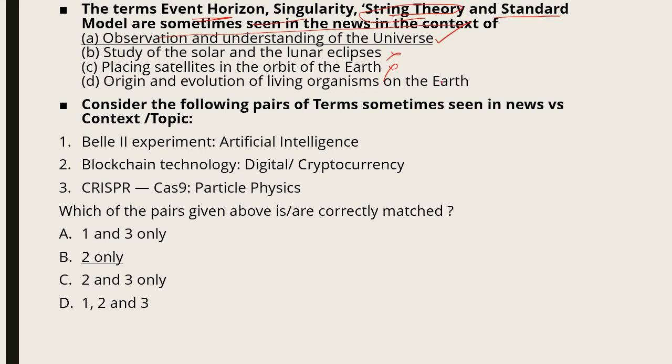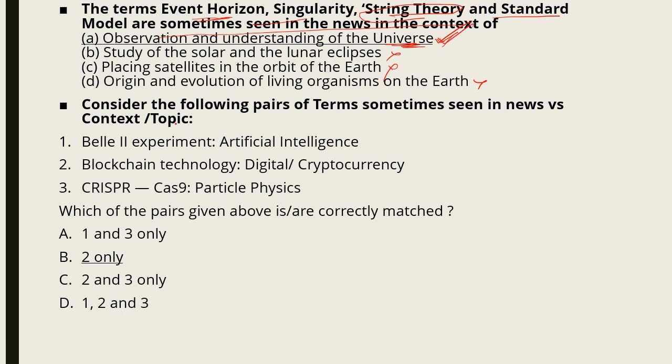Origin and evolution of living organisms on earth, we didn't discuss anything about this also. So, observing and understanding the universe. Whatever experiments we are conducting, we just want to know what happened after the Big Bang, how the universe is reacting, whether it is expanding or contracting, how these fundamental particles are formed, all these things. So this is the right option.